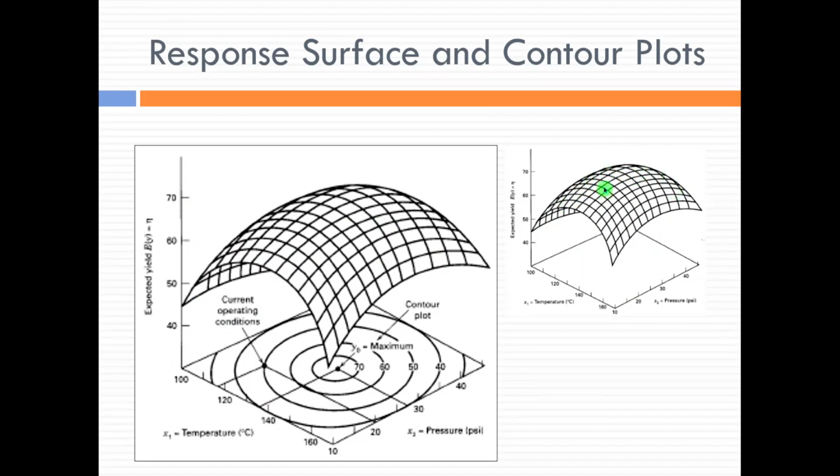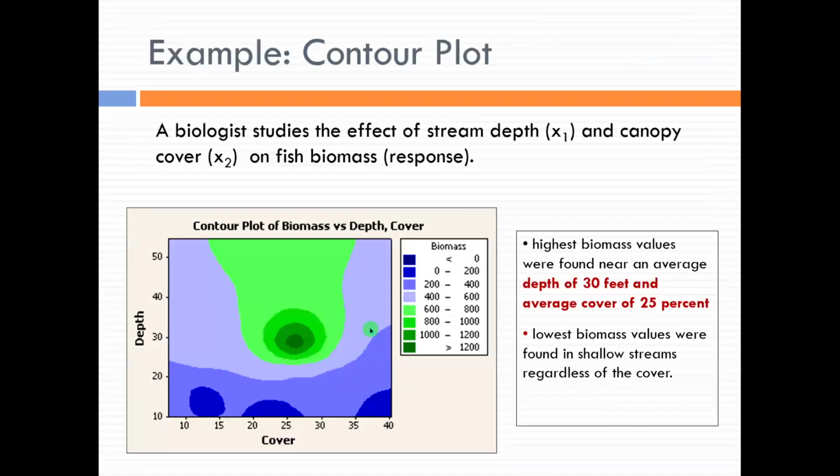So, etong response surface na to, pwede din siyang i-translate into a contour plot. So, contour plots could look something like this. So, kunwari, this biologist studied the effects of stream depth, which is his x1, tapos canopy, which is x2.